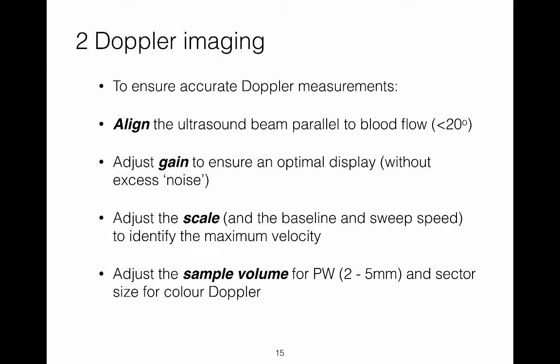Other means of ensuring accurate measurements include adjusting gain settings to ensure an optimal display without excess noise, adjusting the scale, baseline and sweep speed to identify the maximum velocity, and adjusting the sample volume for pulse wave imaging so the sample size is between 2 and 5 millimeters. Furthermore, for color Doppler, ensuring that the color box is not too large is also important.